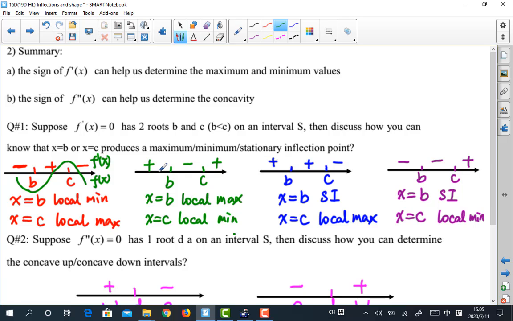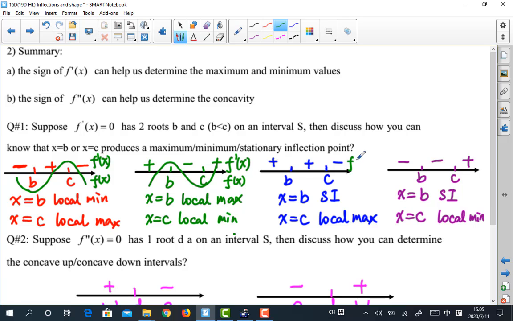So if you have f prime x with positive, negative, positive on each side of b and c, you should know the trend of f of x should be increasing, then decreasing, then increasing. So x equals b should produce the local maximum point. x equals c produces the local minimum point.